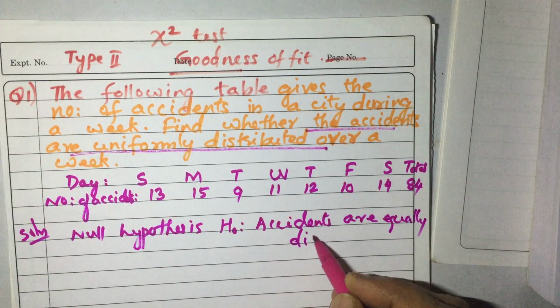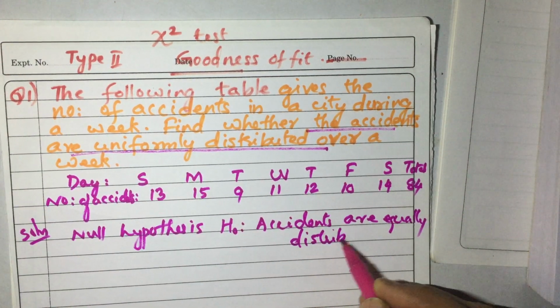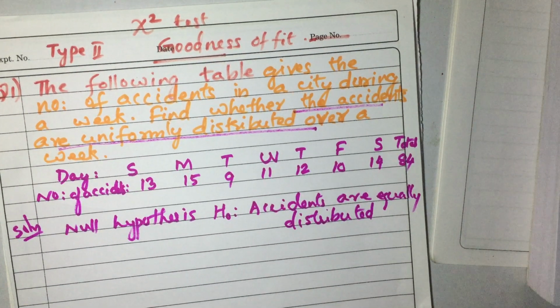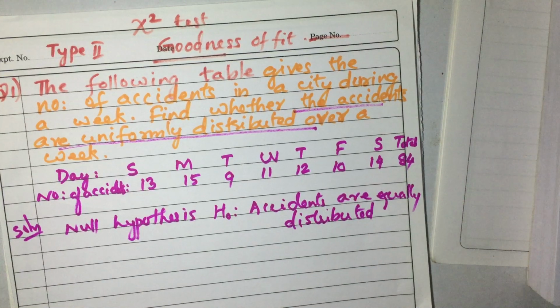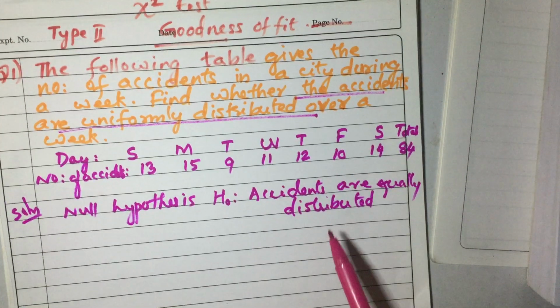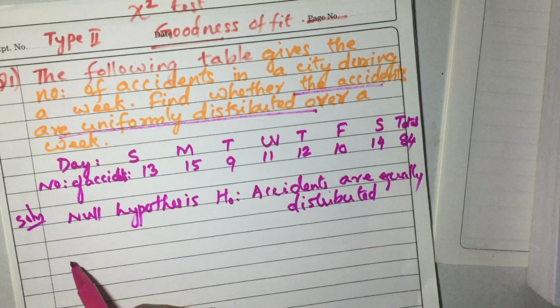In the previous one, when the attributes are independent, there we used to take a negation. So here, for goodness of fit, you will take a positive statement, that is, accidents are equally distributed.